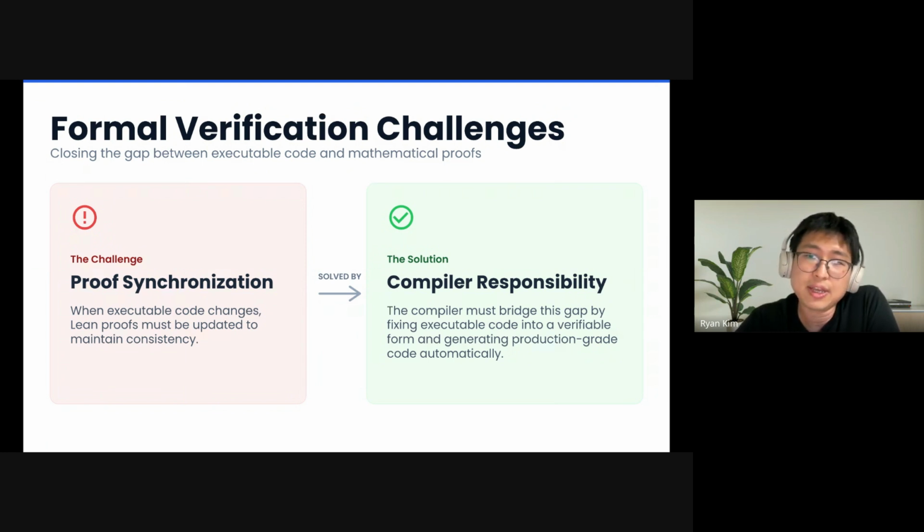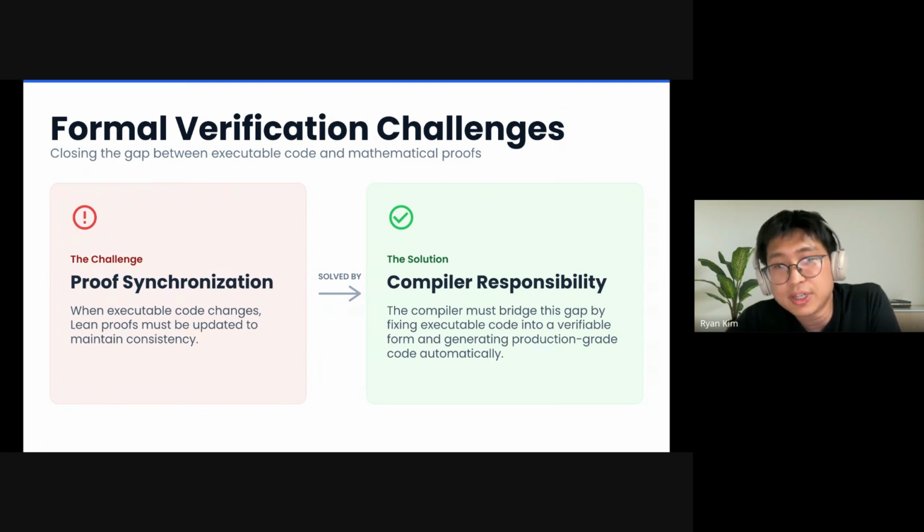There's a way out, and honestly, this is the whole point of today's talk. You put a compiler in the middle. The compiler takes the executable code and pins it to a verifiable form, and the compiler takes the verifiable form and generates the production code automatically. And what does that buy you?